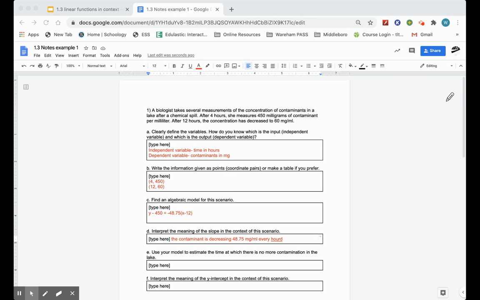So remember, when you're multiplying a negative times a negative, you're going to have a positive. And that's 585. So now I'm going to add 450 to both sides of the equation. So my equation in slope-intercept form is right here.